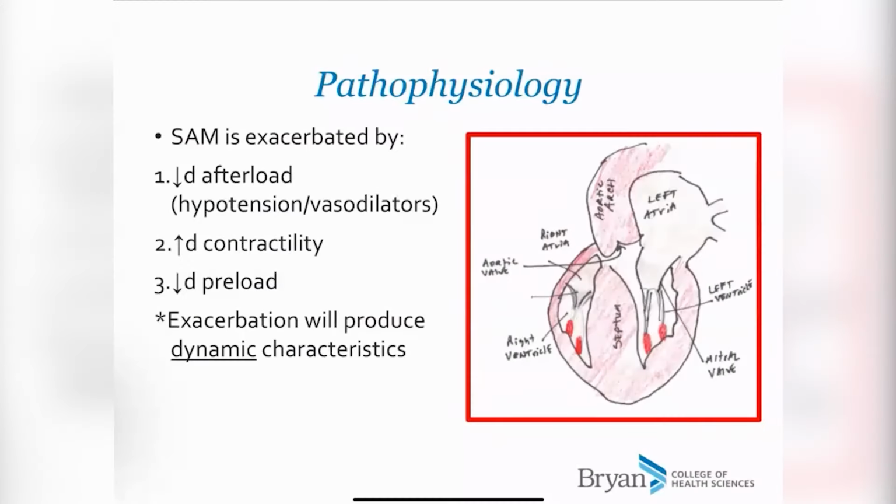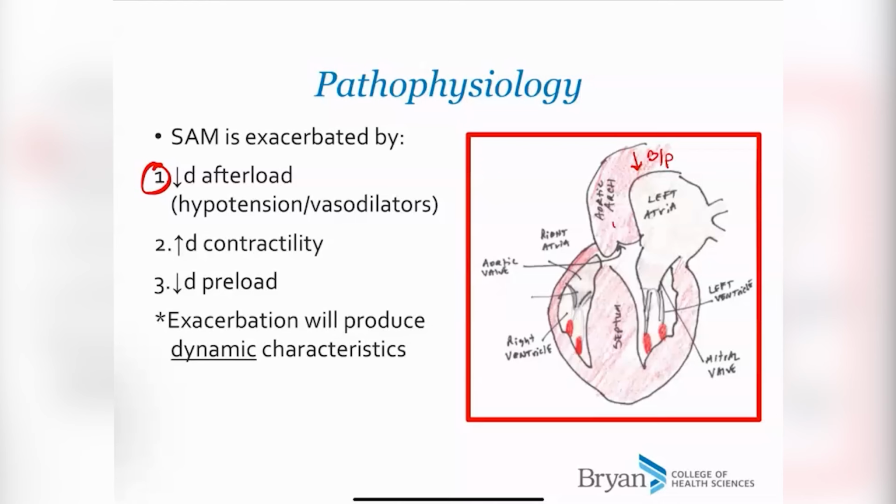So it's important to recognize things that exacerbate or make SAM worse. That is decreases in afterload. So anything on the systemic side that decreases blood pressure, vasoconstrictors, for example, anything that will reduce the pressure in the aortic arch.